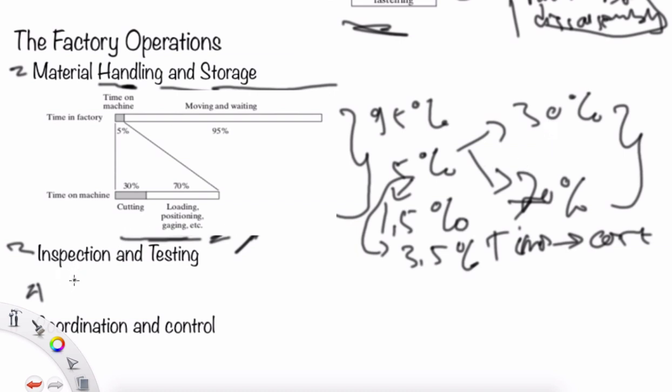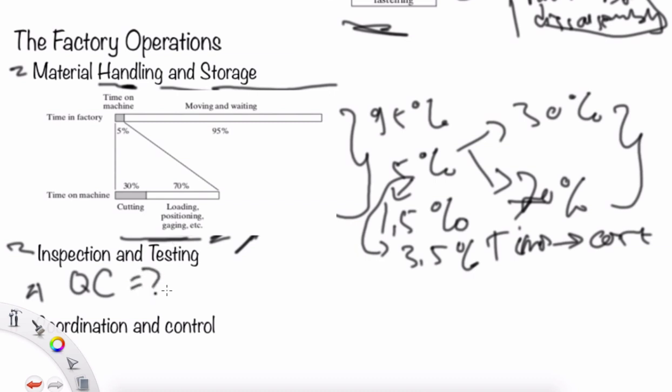And then inspection and testing. Inspection and testing are quality control activities. The purpose of inspection is to determine whether the manufactured product meets the established design standard and specification.